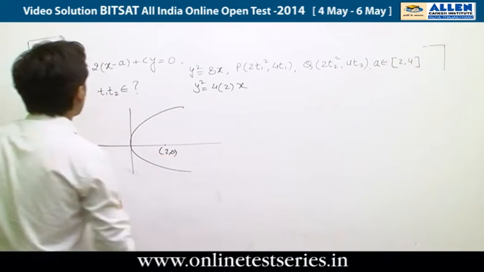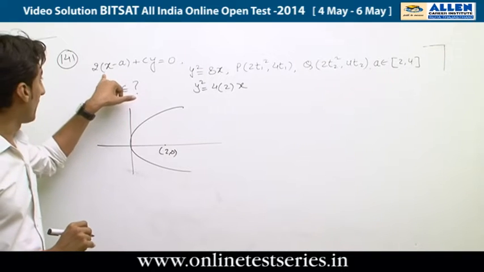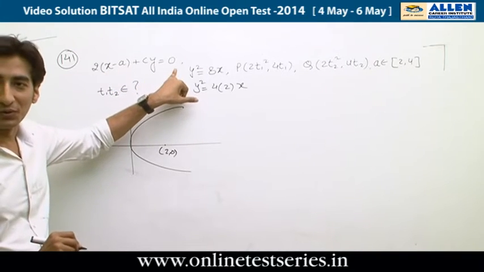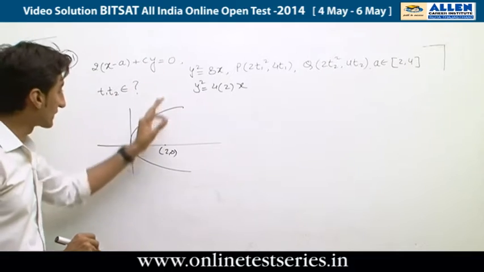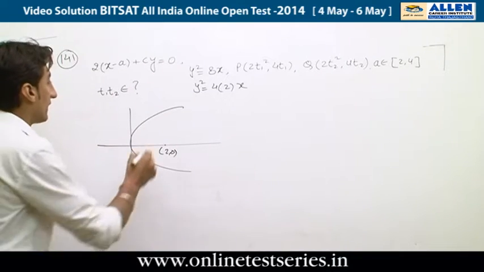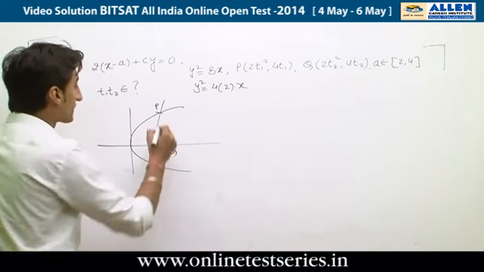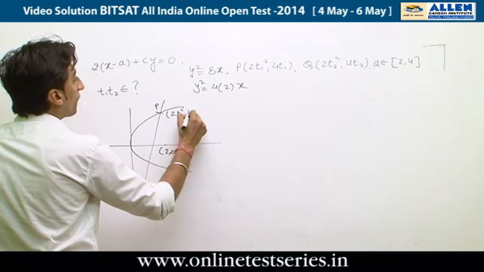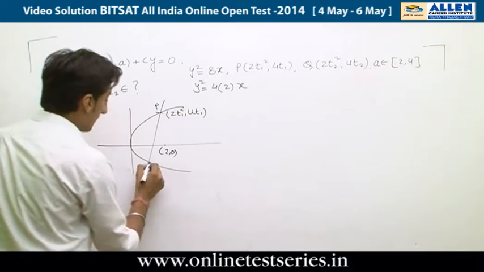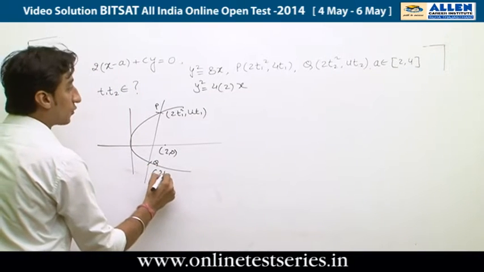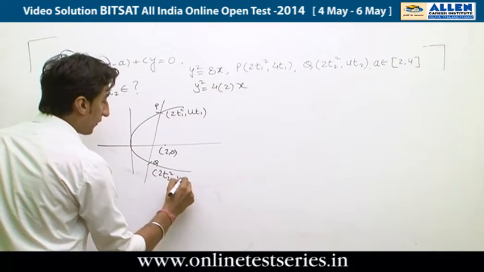and it is given that this line 2x minus a plus cy equal to 0 passes through or cuts this curve at 2 points. Let's suppose these 2 points are P, which is 2t1 square, 4t1, and another is Q, which is 2t2 square, 4t2.